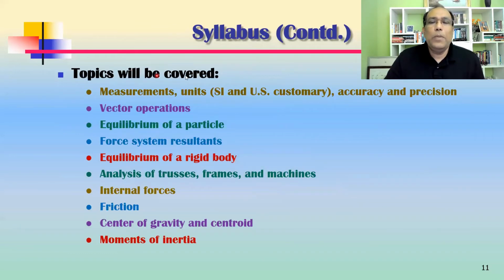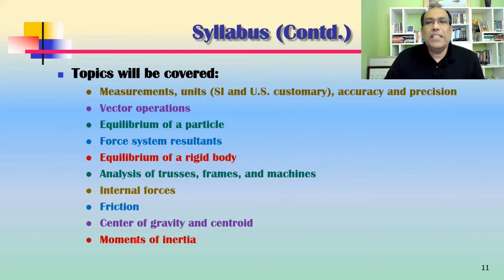So the topics that will be covered in this class are measurements, units, accuracy and precision. That's actually chapter 1 in your book. Then vector operations, equilibrium of a particle, force system resultants, equilibrium of a rigid body, analysis of trusses, frames and machines, internal forces, friction, center of gravity, and moment of inertia.